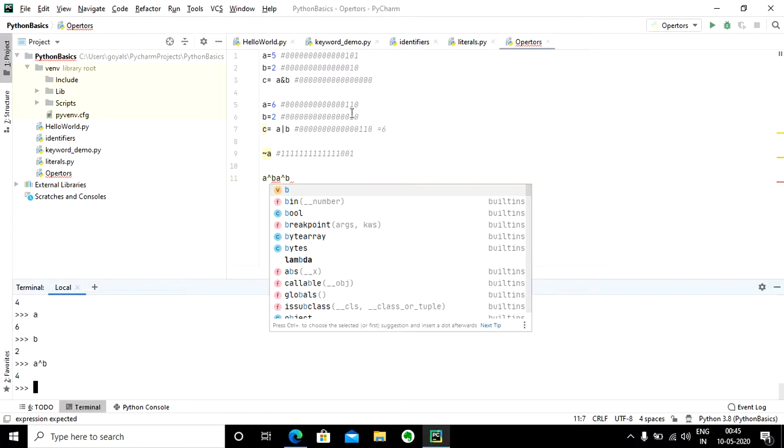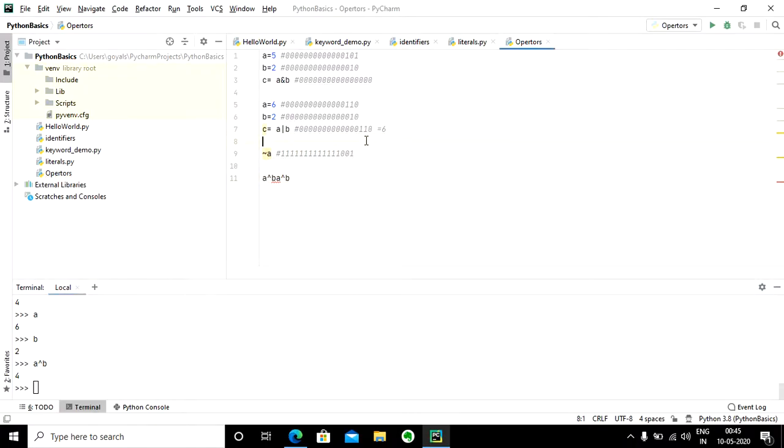This one is again going to be 0 because these two bits are the same, and XOR is 0 for same and 1 for different values. So this is going to be 0 again, and this one is going to be 1. That is how XOR gets calculated. So the internal representation would be 100, which is equivalent to 4.